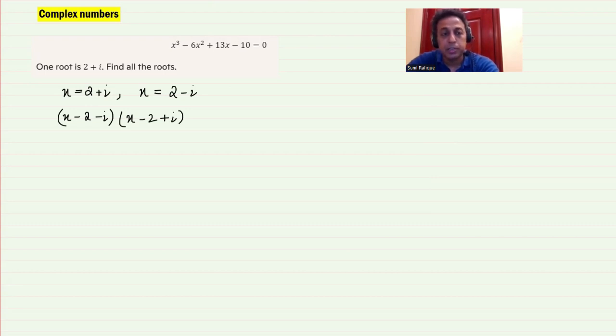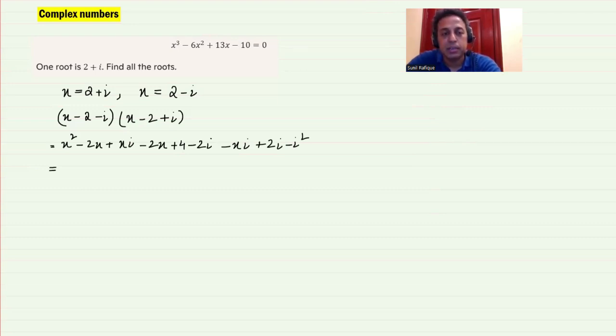So multiply, and you have to be careful with your algebra. x squared minus 2x plus x iota minus 2x plus 4 minus 2 iota minus x iota plus 2 iota and minus iota squared. Oh, hectic calculations, but let's see what we get.